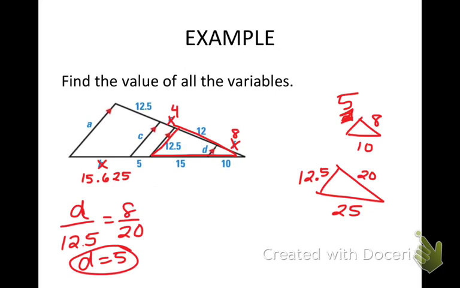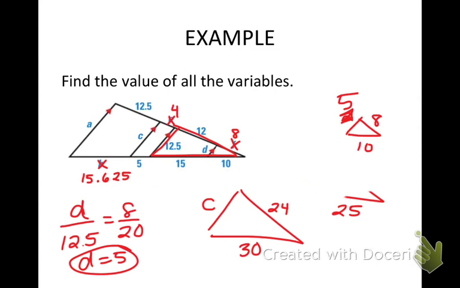So that triangle I'm going to make here, we have C here. What's the whole top of that triangle? 24. The whole bottom is 30. Good. So ignoring this triangle, using these two triangles, can you set up a proportion to solve for C?